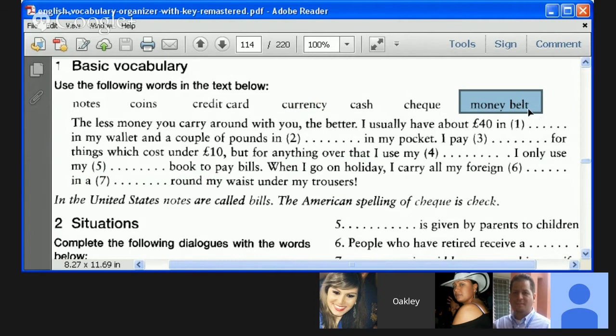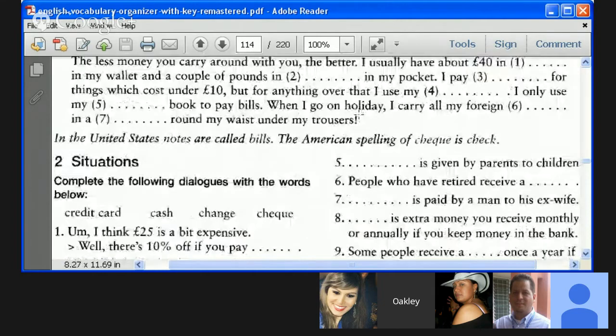A more secure way to carry cash around. You probably don't have a money belt, right? I have one. Oh, very good. You're prepared. Excellent. My mistake. You do have one.